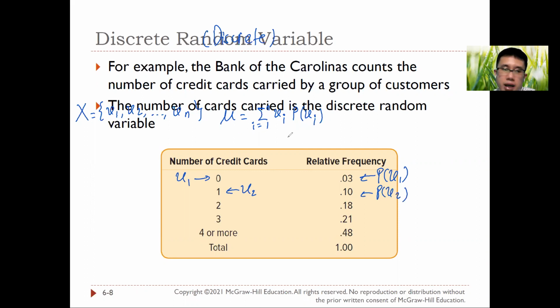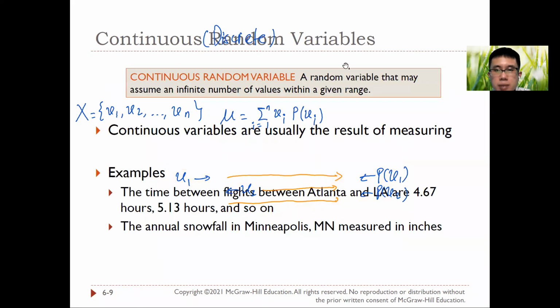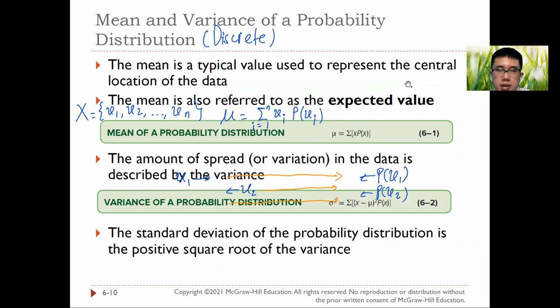So we multiply each x with its probability: 0 with 0.03, 1 with 0.1, 2 with 0.18, and so on. After that, we add all the multiplications. Later we will see how to implement this formula.